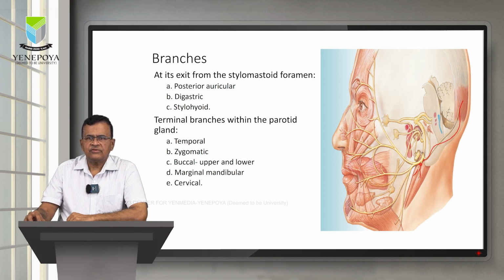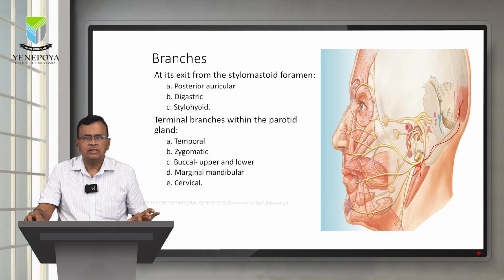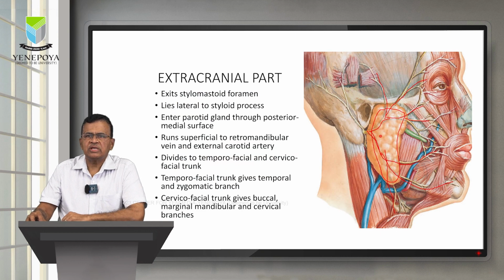Even this fourth part of the facial nerve takes a little adventurous course because it runs through the substance of the parotid gland. So, in any tumor of the parotid gland or abscess of the parotid gland, the facial nerve may be affected.